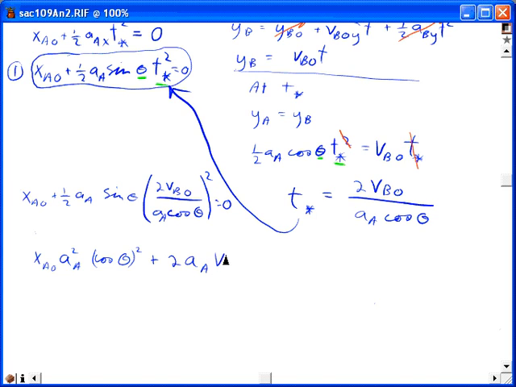We've got an a sub A, and I've got the VB0 being squared. Now that's got to be equal to 0. Could have canceled this out in the preceding step, but let's get rid of one of those a sub A's, and I left out a sine of theta here. So let's see if I can squeeze that in. Go ahead and squeeze in that sine of theta, equals 0. I think we're all set. So now I'm trying to solve for theta. What I'm going to use is the trig identity.